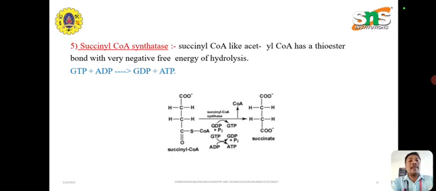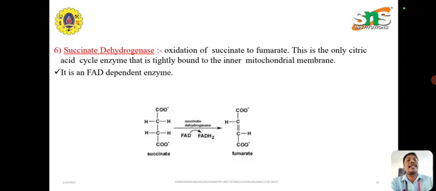So GTP is converted into GDP and ADP is converted into ATP. That is adenosine diphosphate is converted into adenosine triphosphate, that is energy is liberated. Succinyl coenzyme A is converted into succinate, and here also coenzyme A is removed, with the help of the enzyme called succinyl coenzyme A synthetase.